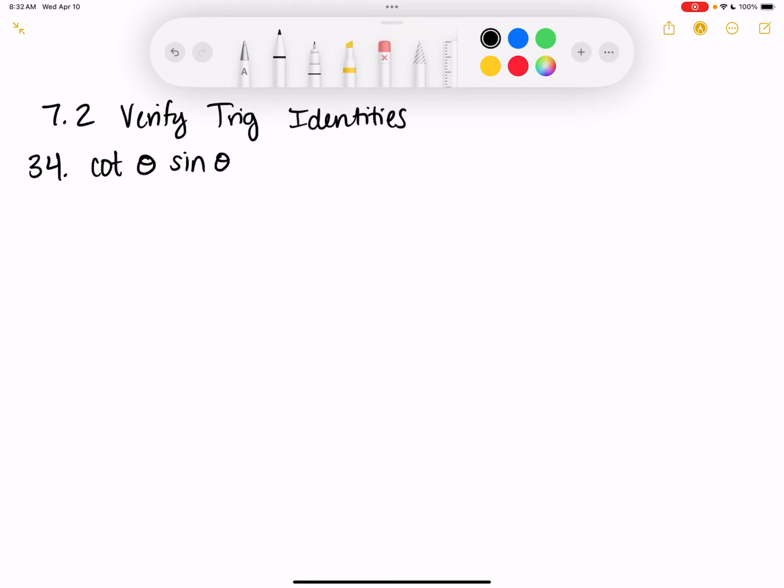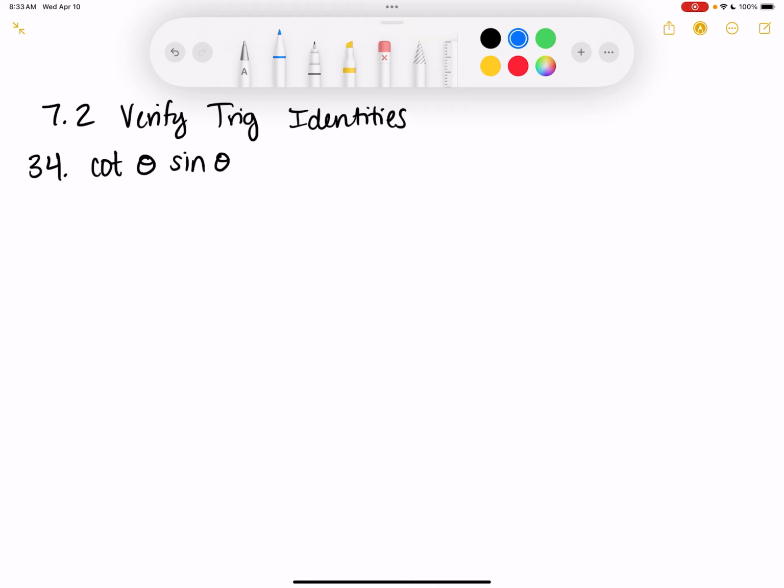So cotangent of theta times sine of theta, and I want to reduce down. So what can I rewrite in terms of something else? That'd be 1 over tangent theta.